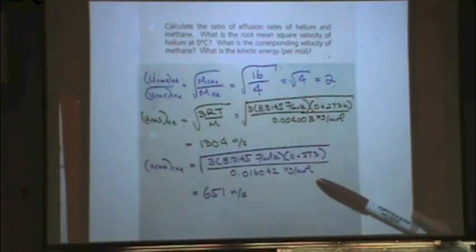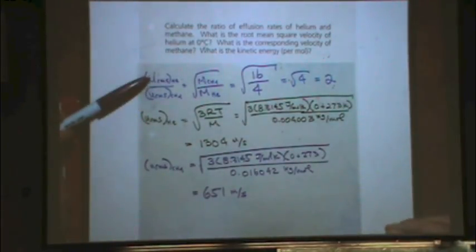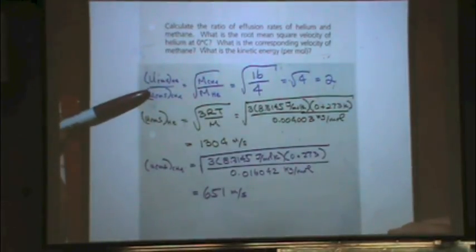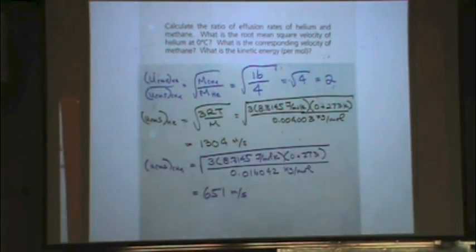Instead of doing this second calculation here in purple, I could have taken 1304, plugged it in right here, and done some cross multiplication to solve for the CH4 velocity, basically dividing 1304 by 2. That would be an alternate way of solving the question about the velocity of methane.